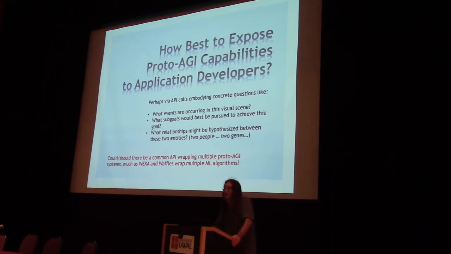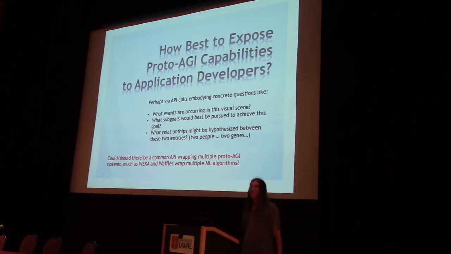One thought I had is if you could develop some sort of cognitive API for an AGI system which abstracted away from the specific representations and algorithms inside the system and just let you ask generic questions of the sort that are of interest for applications, that would certainly help.